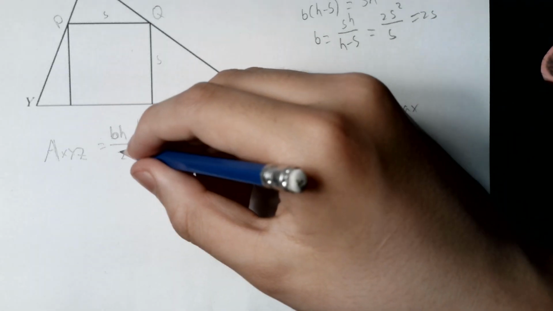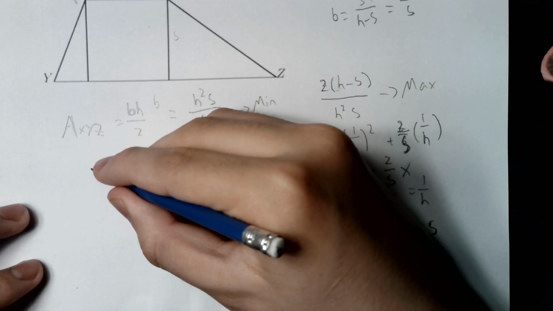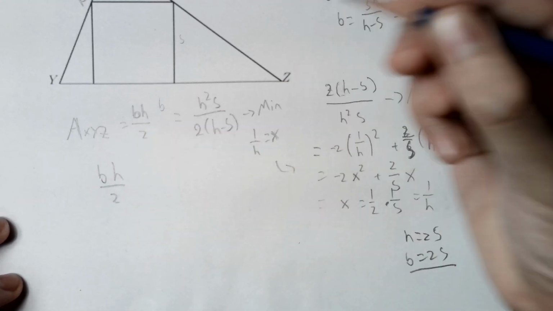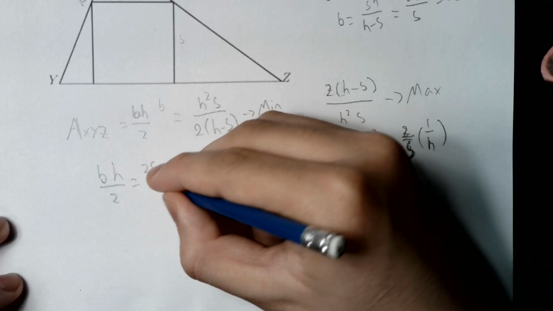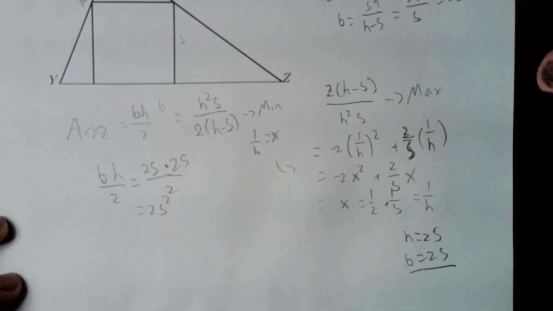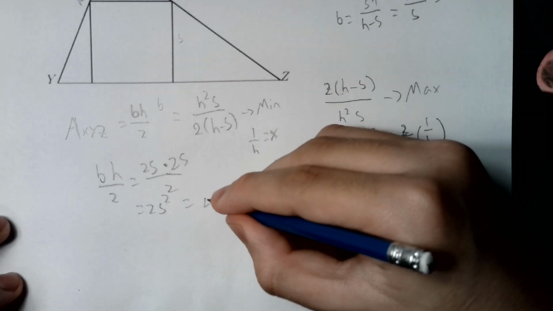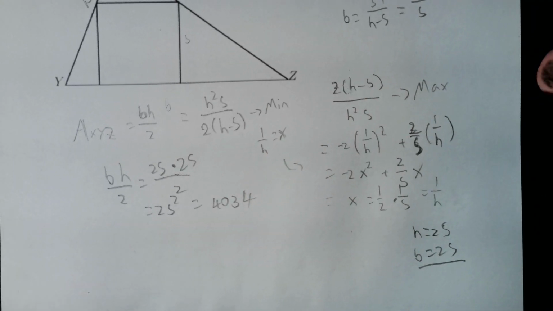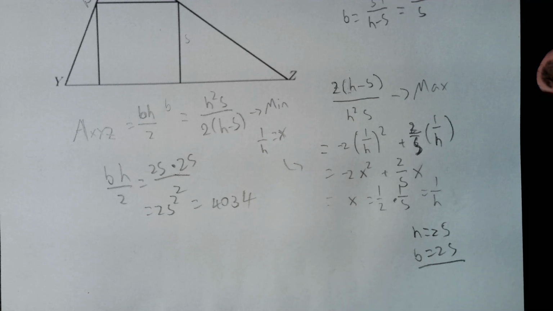Going back to the area of XYZ, base times height divided by 2, is just going to be equal to 2s times 2s divided by 2, or 2s squared. So this means that the minimum area of XYZ is going to be equal to 4,034.